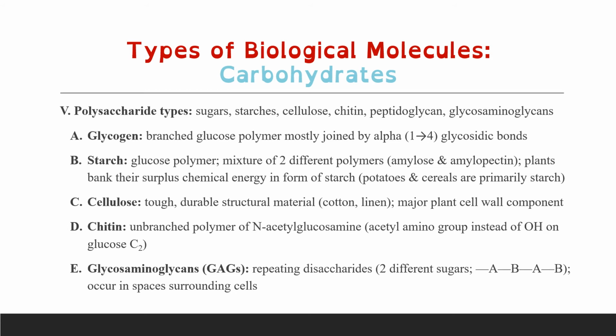Chitin is a tough, resilient, yet flexible material, not unlike plastics. Insects owe much of their success to this highly adaptive polysaccharide. And then lastly, we have the glycosaminoglycans, or GAGs. They are repeating disaccharides, with two different sugars alternating, and they occur in spaces surrounding cells.